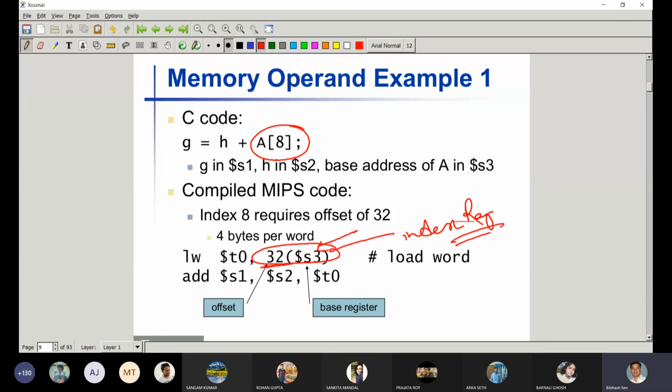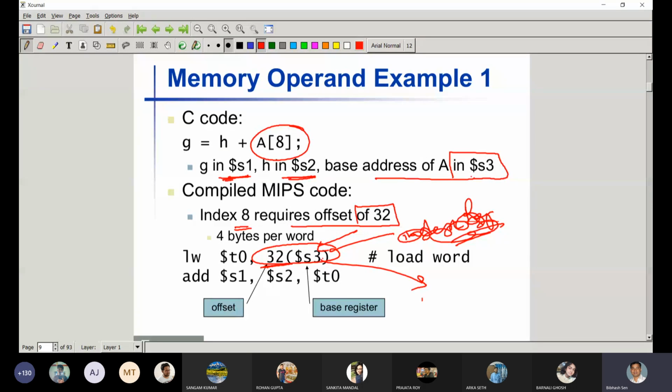Index 8 requires an offset of 32. With offset 32, the memory location or base address is directly used. In the first example, G is in a register, H in S2, all these are register locations, and the base address of A is in S3. So it is the base register in the S register, not the index register.